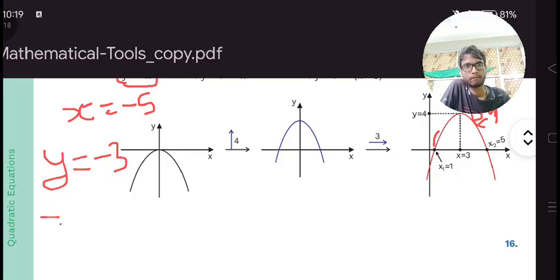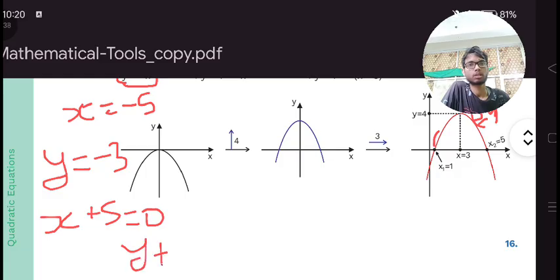Now one is giving us how much? Hold on, yeah. It is giving you x plus 5 is equal to 0. This is what is coming over here. And second is y plus 3.